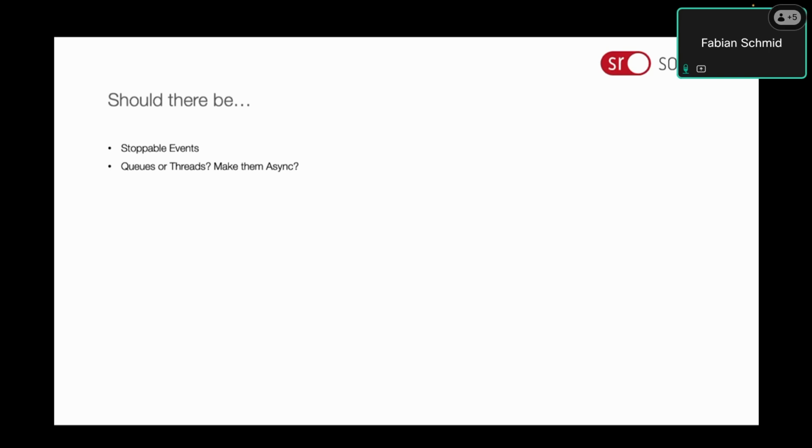And we can make events as well async, so that they don't interrupt the process. So an emitter just emits a lot of events, but the listeners don't work with them exactly in this moment. They get them maybe a little bit later.